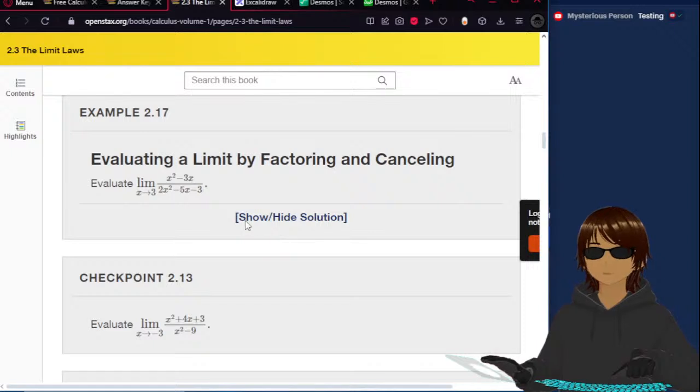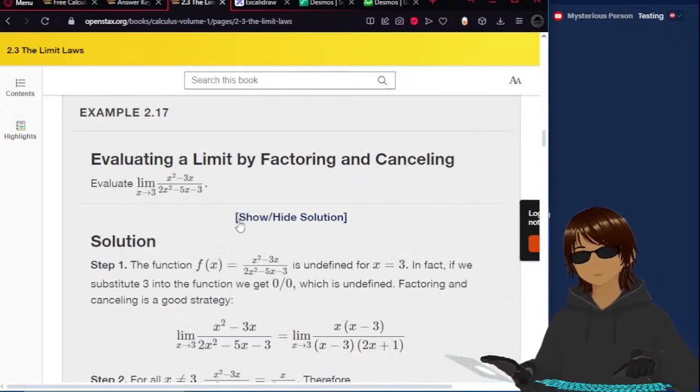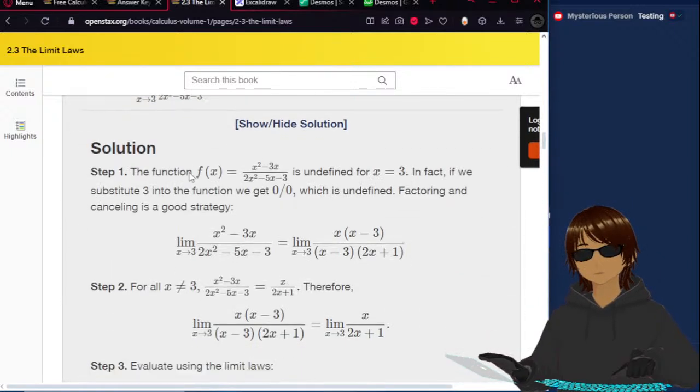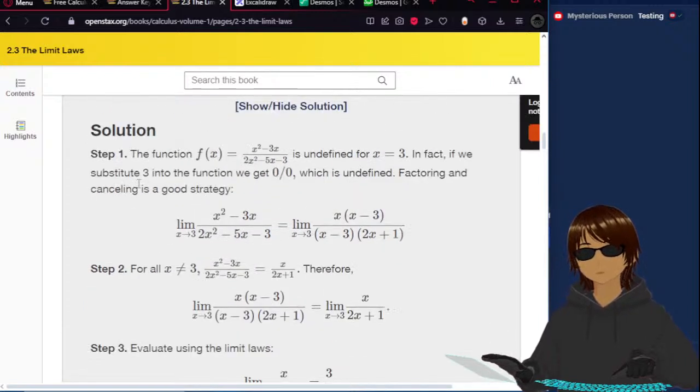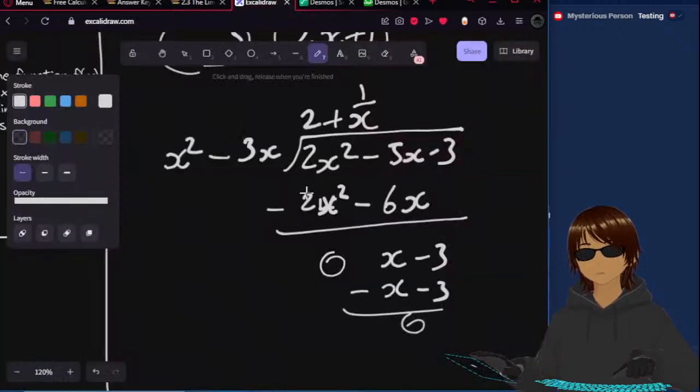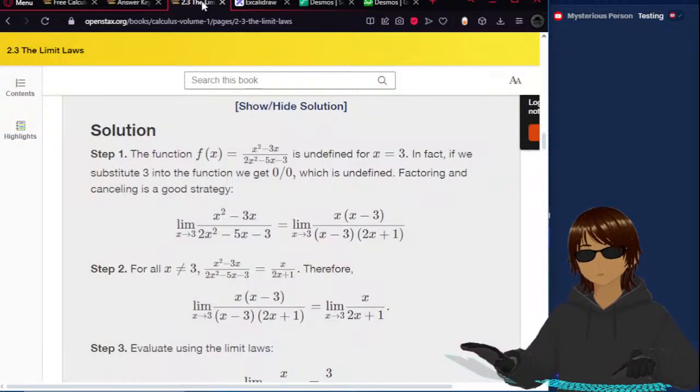Let me see. Wait, this was correct. All I had to do was take the x out.